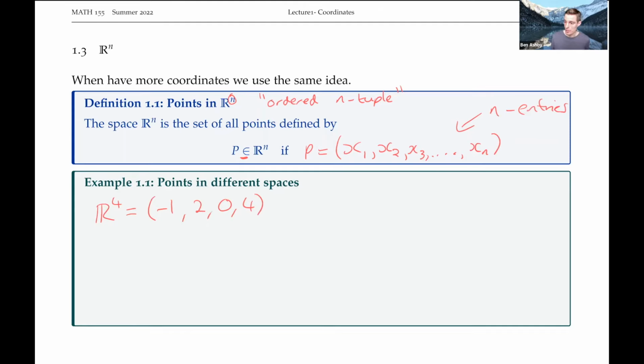Of course, there's no reason as to why these need to be integer values. They could be any real number. So, for example, a point in R5 could be equal to pi, e, 0, -1/2 and 2. That's a point in R5. And although it's really difficult to visualize what's going on, obviously beyond 3 dimensions, these are really important when we're trying to solve different problems.